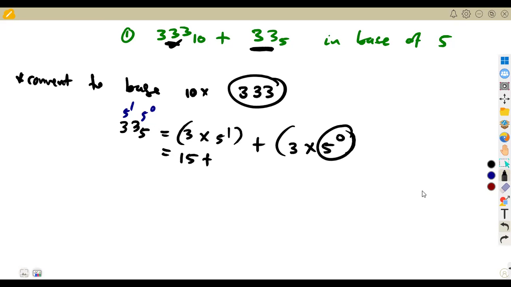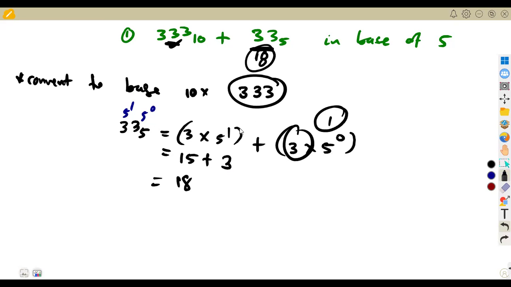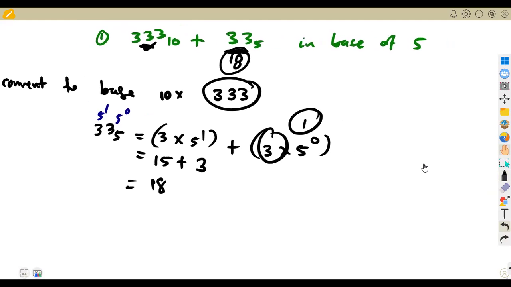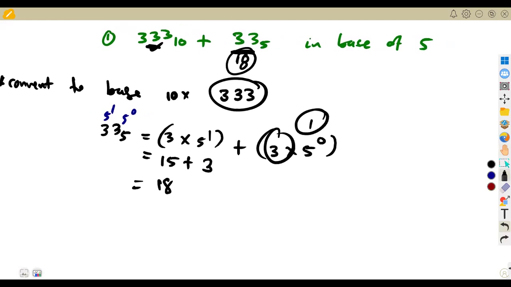Plus 5 to the power of 0, which is 1, because any number to the power of 0 is 1. So 1 times 3 gives us 3. Then we add, we've got 18. So this number in base 10 is 18. We have converted our numbers to base 10 because it's easier for us to work in base 10.